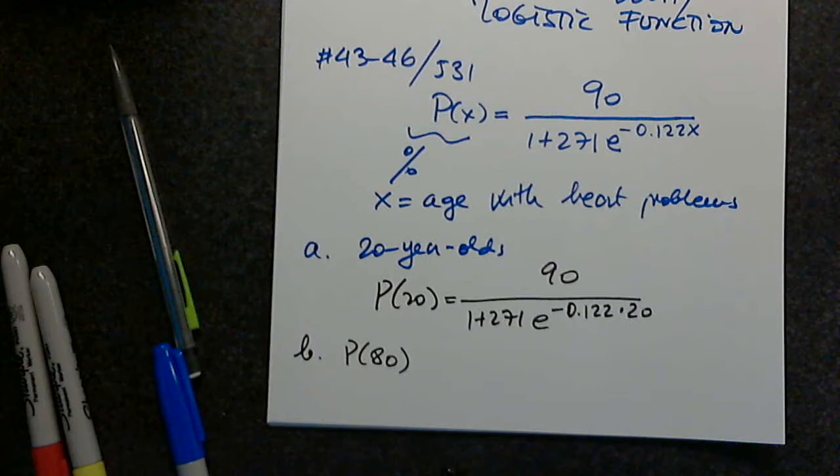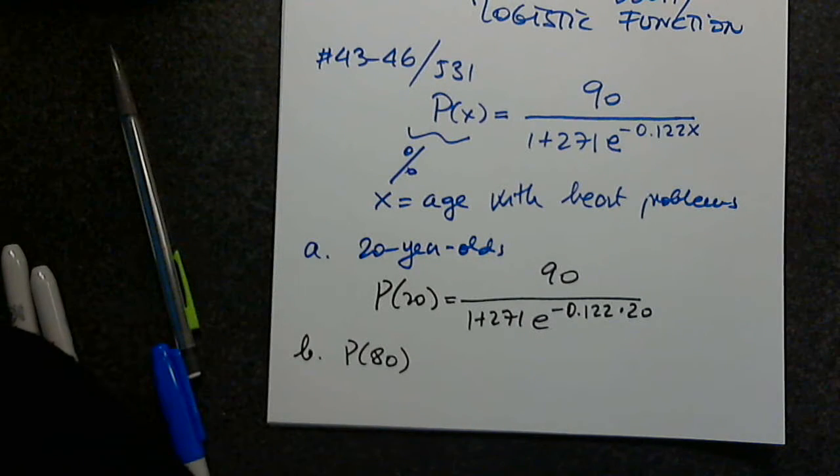So, what is the percentage? If we look at a group, assuming the model is true, and we look at a group of 20-year-olds, if we have 100 20-year-olds, what percentage of that group potentially has, according to the model, a heart problem? Yes, Brian?